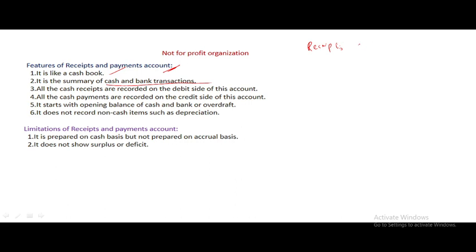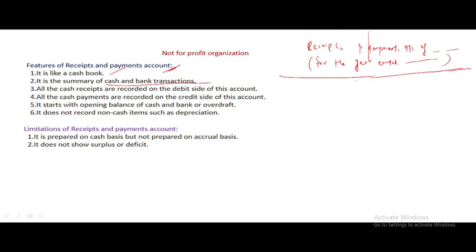First, we are going to draw the format of receipts and payment account. Listen carefully, students. First, we write receipts and payment account of any club's name or organization's name. In bracket, we write for the year ended, the ending date, like 31st March 2023, 31st March 2024.